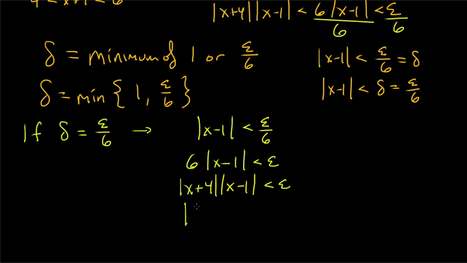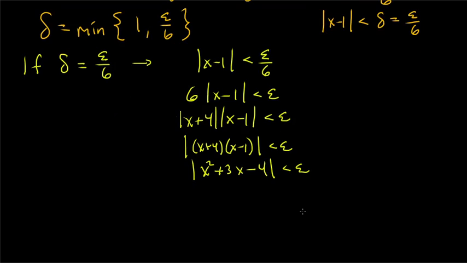And then when you combine everything, you get that the absolute value of x squared plus 3x minus 4 is less than epsilon. And this should be familiar. This part here is the f of x, x squared plus 3x, and minus 4. 4 is the limit. 4 is the L. So that's what we needed to show.